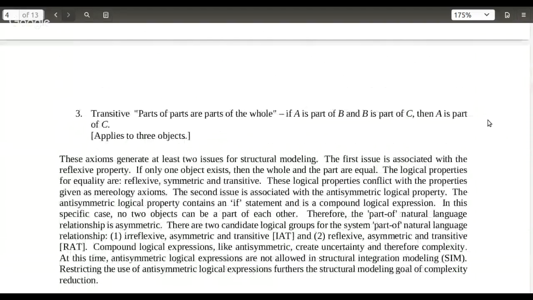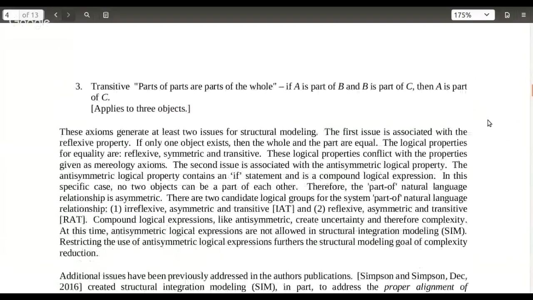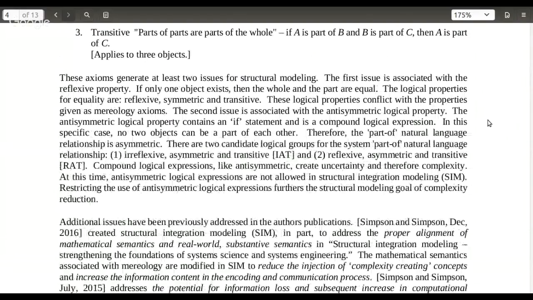So we find that assigning a reflexive property to part of introduces uncertainty. We acknowledge that, and we say that if you use irreflexive, it reduces uncertainty, reduces complexity, and is probably the closest logical representation of what you're talking about.